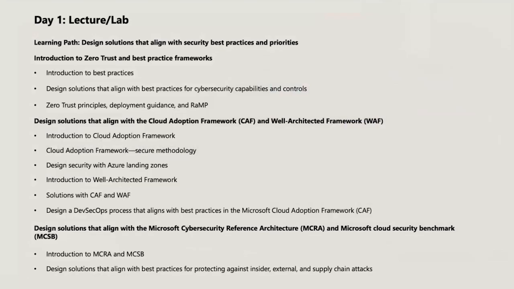And we were discussing the Microsoft Cloud Security Benchmark, MCSB. MCSB is basically a set of security recommendations for different control domains, like identity management, network security, privileged access, and many others.